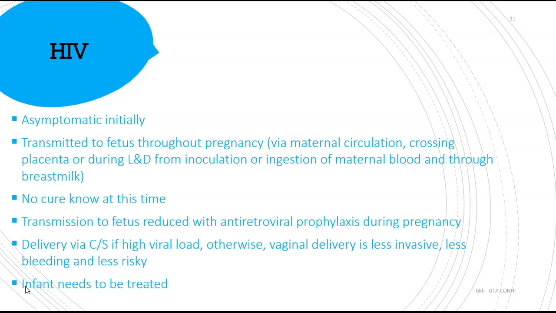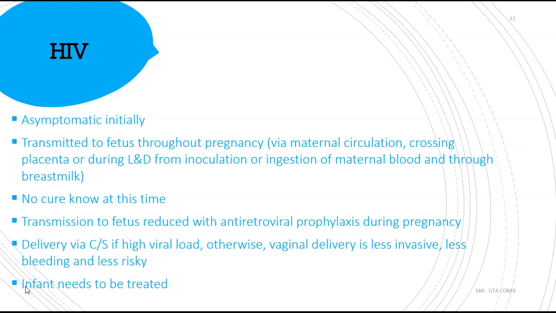That being said, we will do a C-section if the viral load is extremely high. If we have her on systemic antiretrovirals during the pregnancy and have a low viral load, it is safest for this baby to deliver via vaginal delivery.